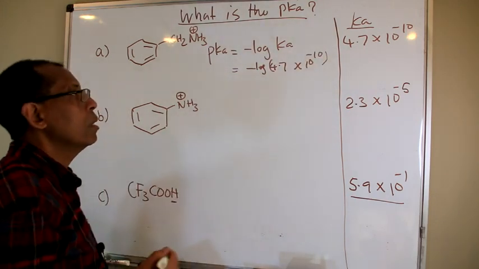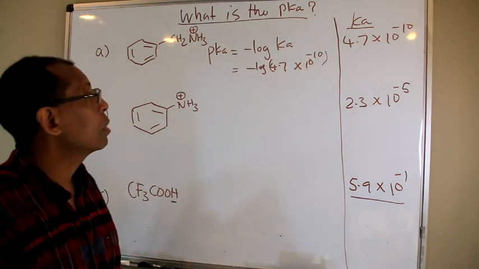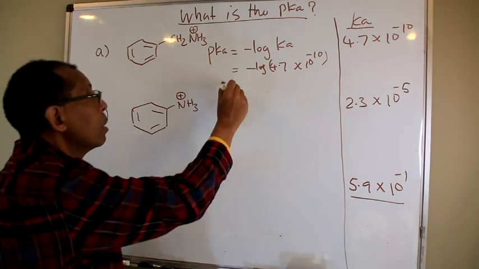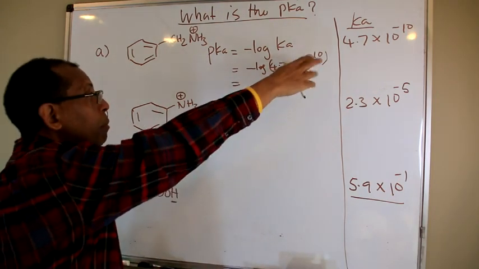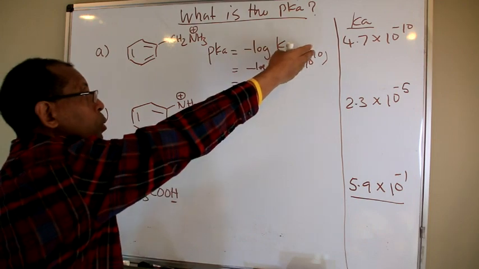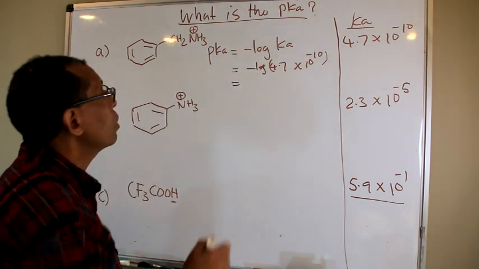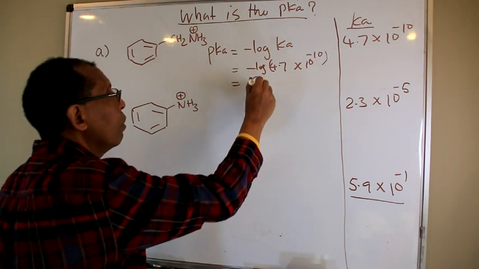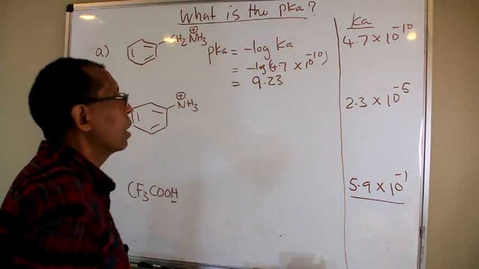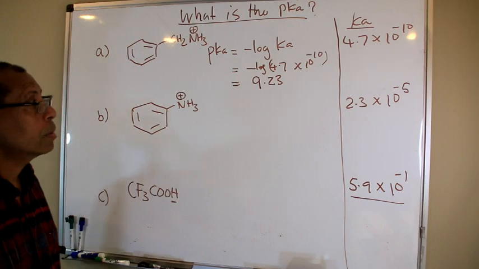When you calculate, you can use your calculator, and the result is 10 minus the log of 4.7, which gives you a pKa value of 9.23. You can check this on your calculator.